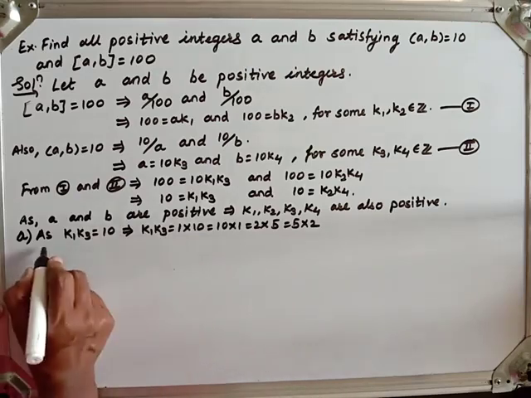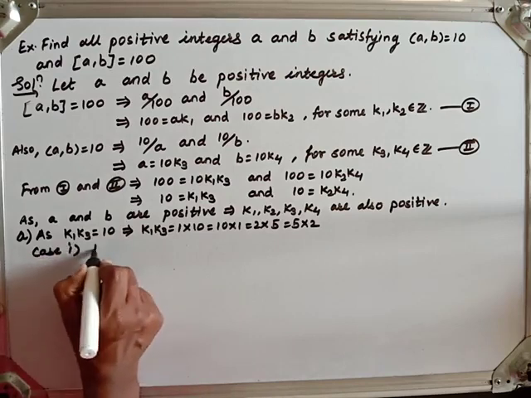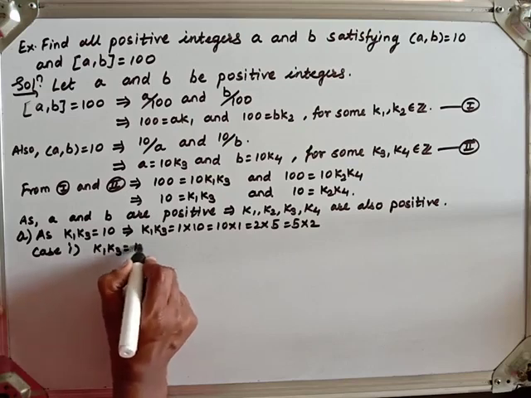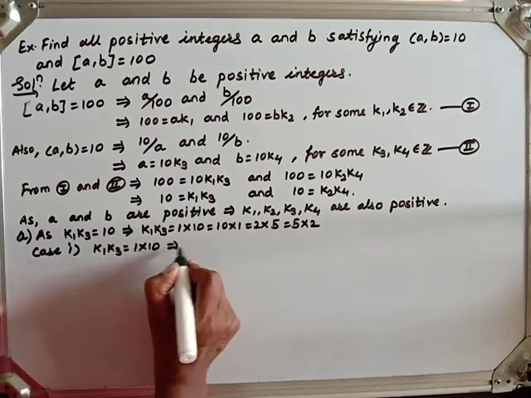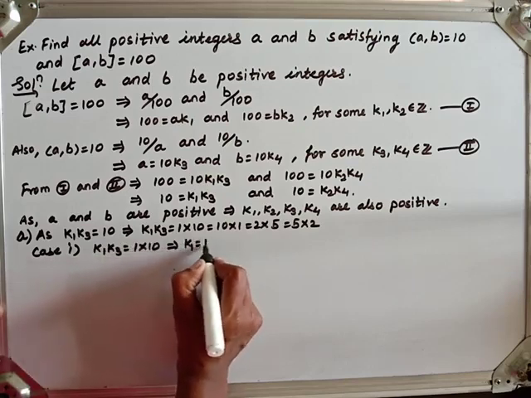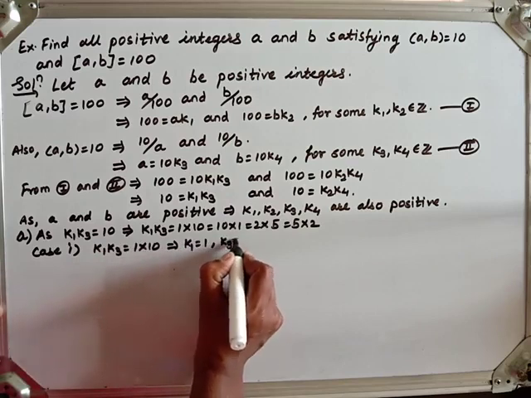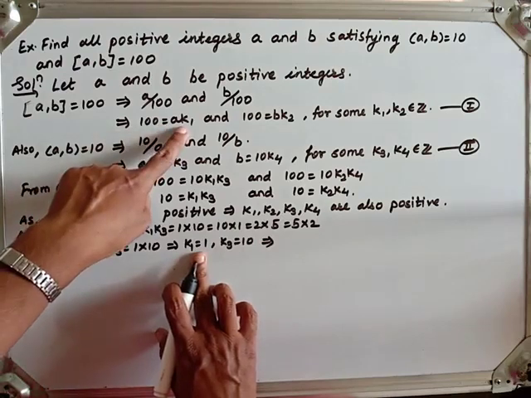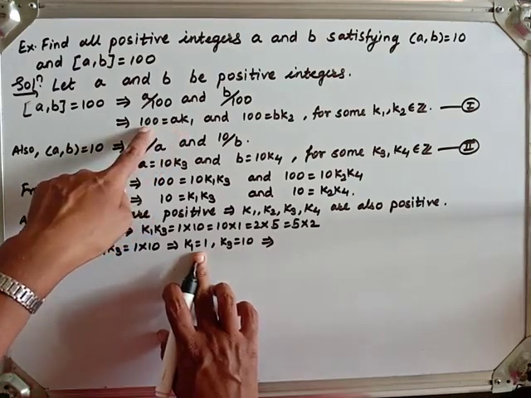So in case 1, suppose K1 K3 is equal to 1 into 10. That is, K1 is equal to 1, K3 is equal to 10. So this gives, if K1 is 1, we get A is equal to 100.